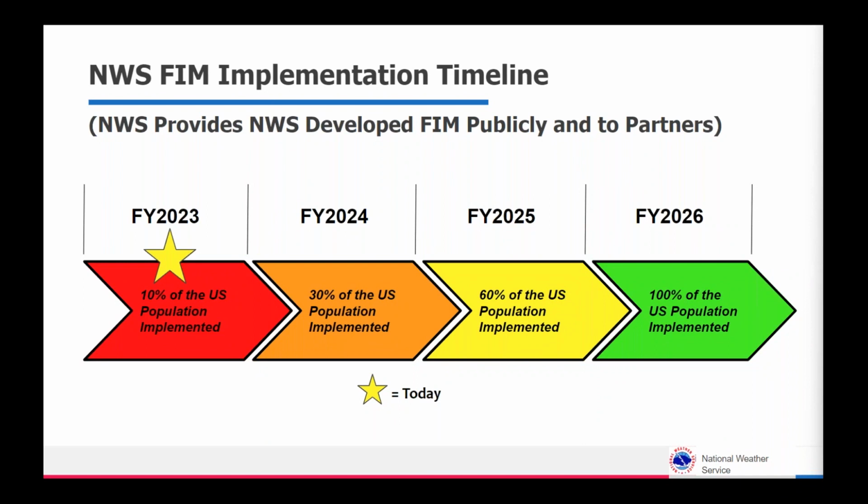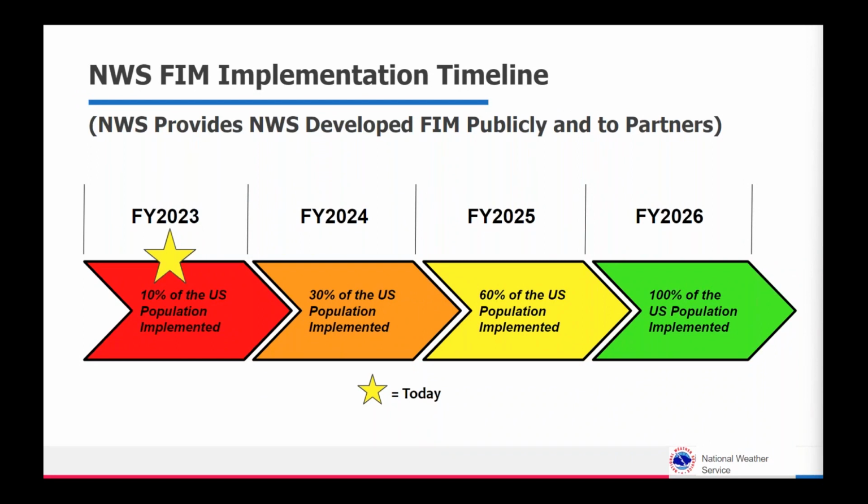So we are in fiscal year 2023, about halfway through. At this point, there is a group that is the first 10% of the US population that is being worked on to implement FIM. So they're working hard, they're doing lots of training, starting to do some outreach as they are going to be providing FIM by the end of this fiscal year.